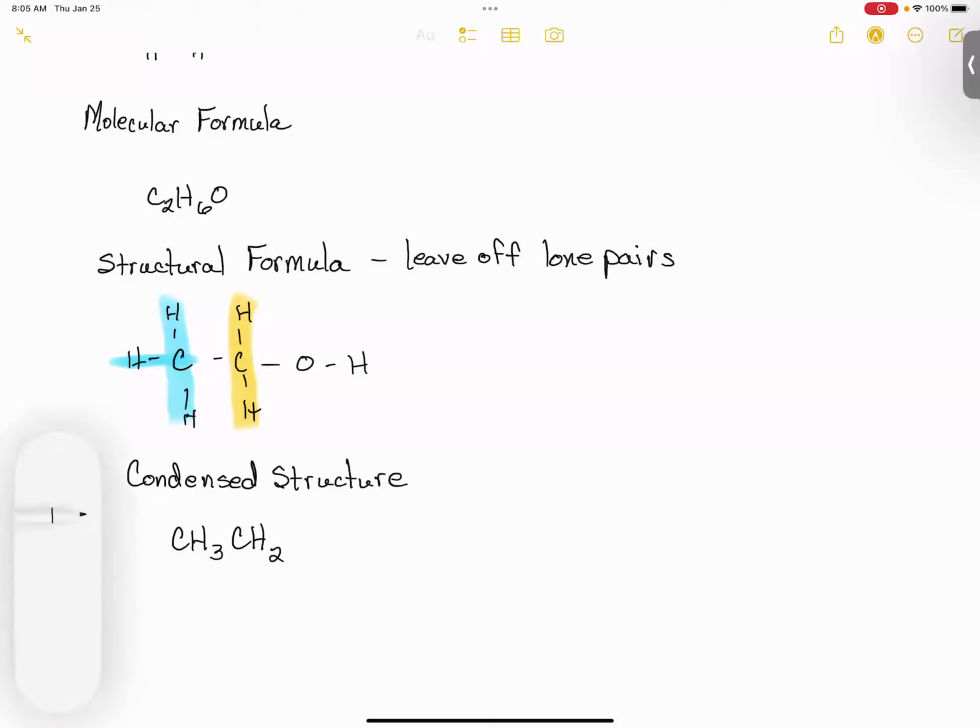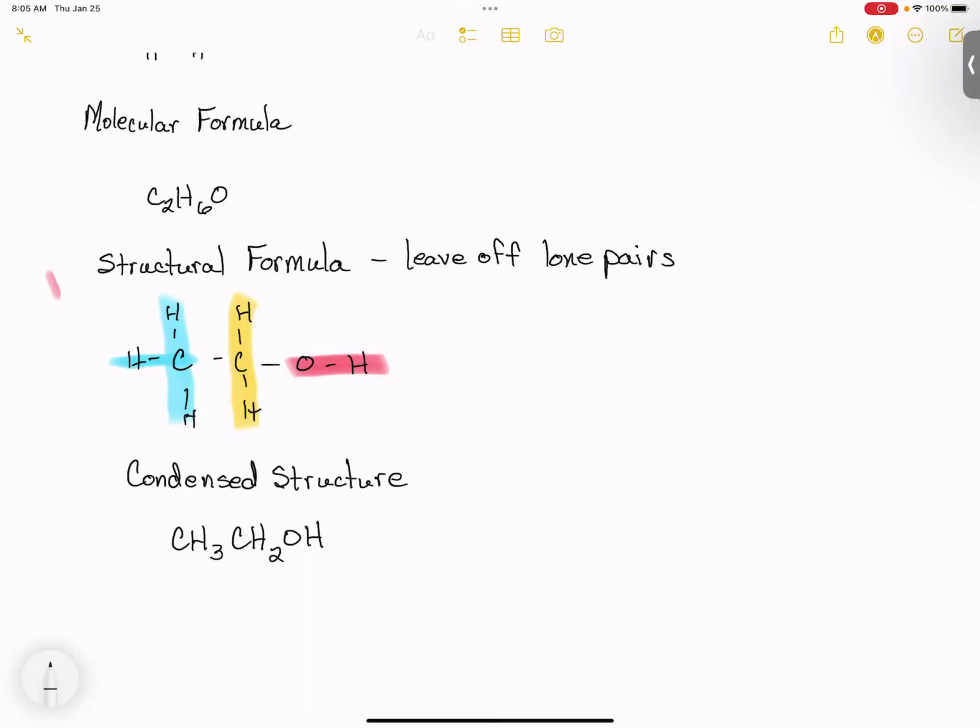Then we would get into where the actual alcohol comes into play, and we would show that as the next thing, which is the OH. So that would be a condensed structure. It still takes time. You're writing out every single element.